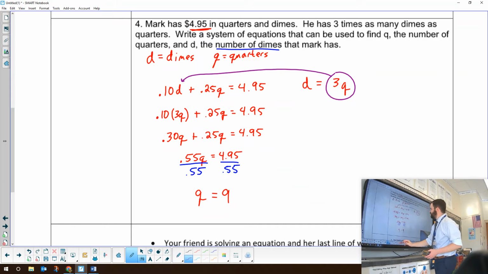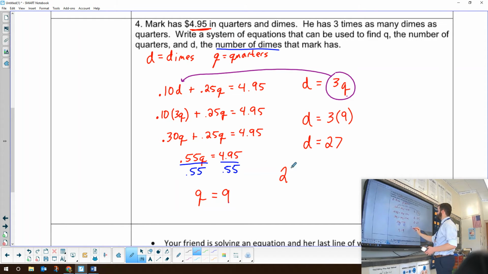So all I need to do is take that 9, plug it in for my Q over here, and we're going to say, okay, dimes is going to equal 3 times the number of quarters. So how many dimes am I going to have? I'm going to have 27 dimes. All right, there we go.